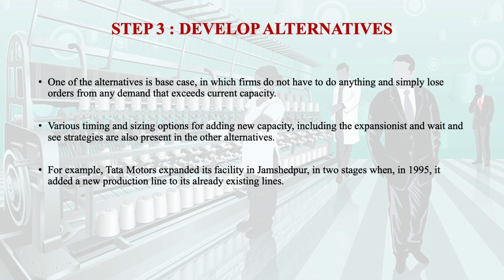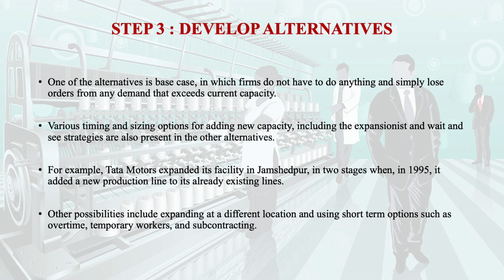They have not gone for expansion in one step; they have taken 2 stages. In the first stage, they added a new production line. In the other stage, they went for a different location and used short-term options such as overtime, temporary workers, and some contracting.